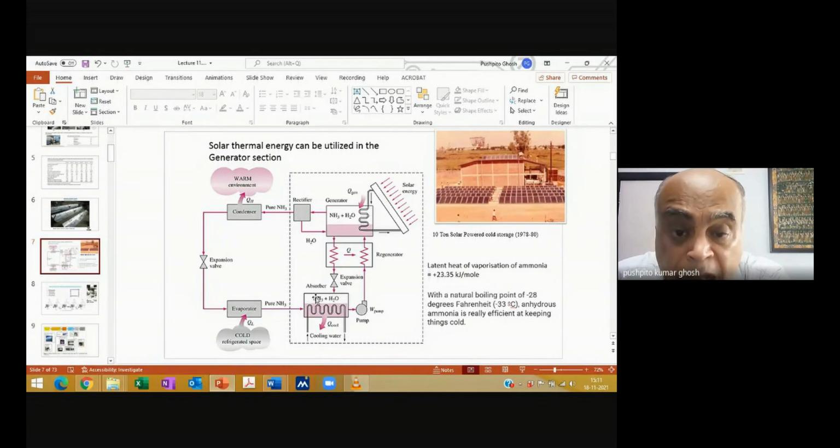I want to return this system to a state where it's not too hot, and whatever residual heat I'm trying to take out, I will take out with cooling water. Ideally that's what one will do.